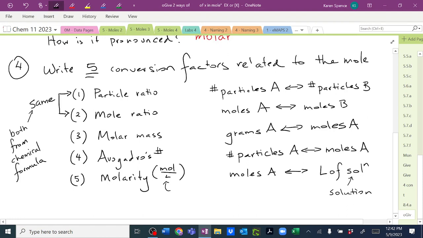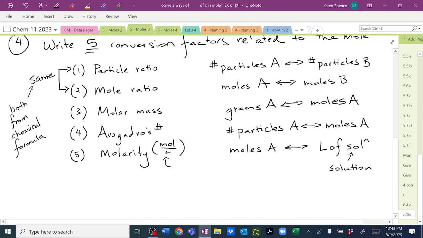And the reason I'm writing liters of solution is that soon we will learn something that allows us to convert from moles of a gas to liters of a gas, and that will be a different conversion factor. Which of these 4 will be on your quiz tomorrow? The top 4, okay, numbers 1 through 4 are on tomorrow's quiz.